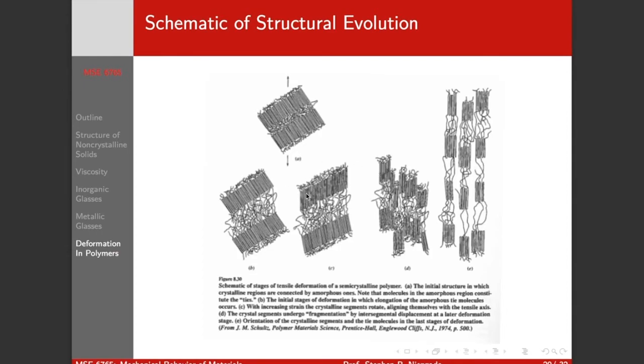Remember, these crystals are very strong this way, but this way they're only held together by van der Waals forces. And by doing that, it allows the amorphous region to stretch out even more. So these are basically the stages of deformation in a semicrystalline polymer. So here we are in our highly oriented structure.